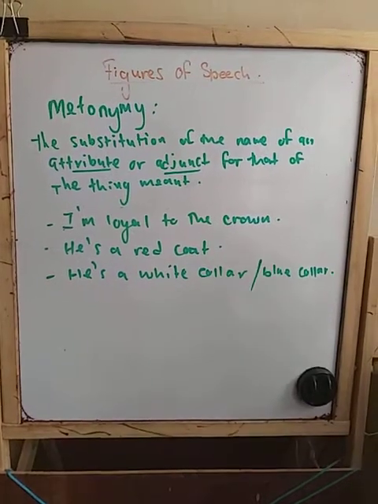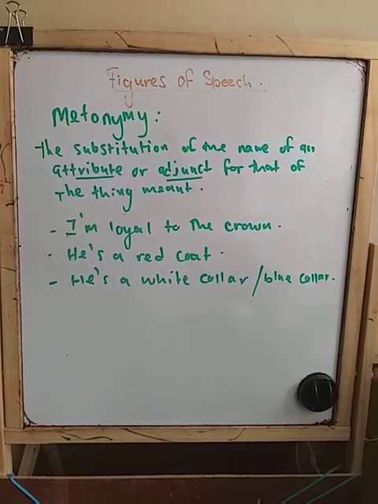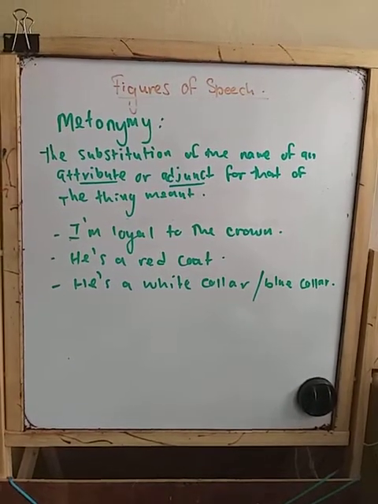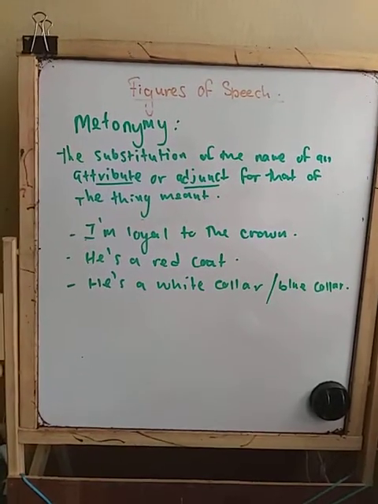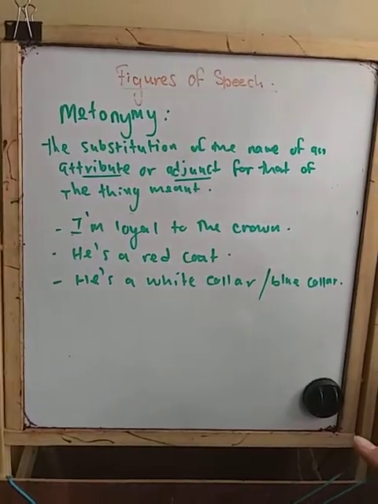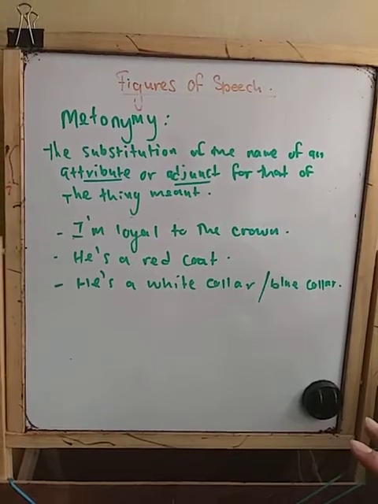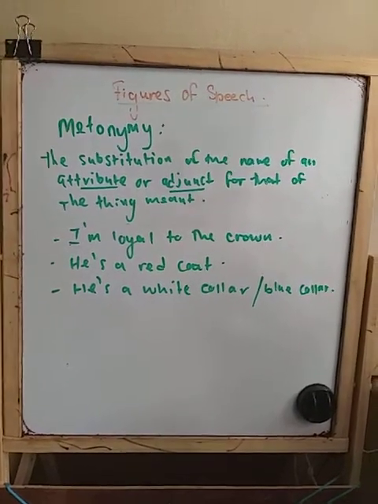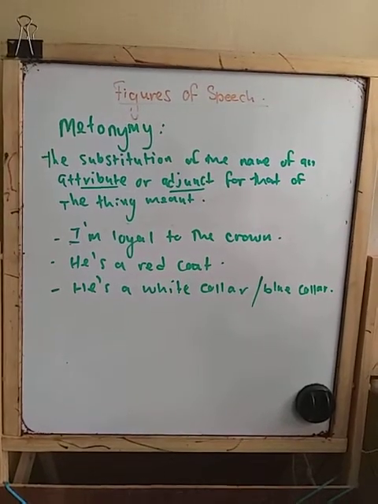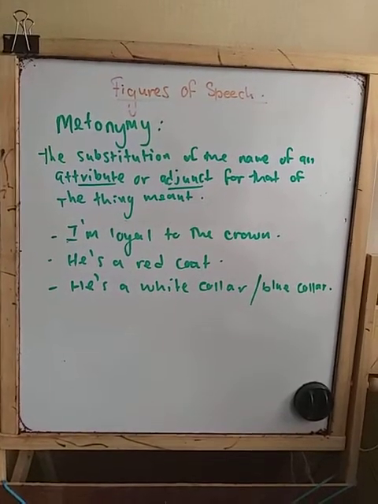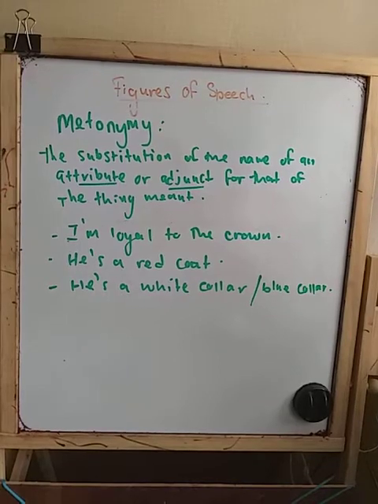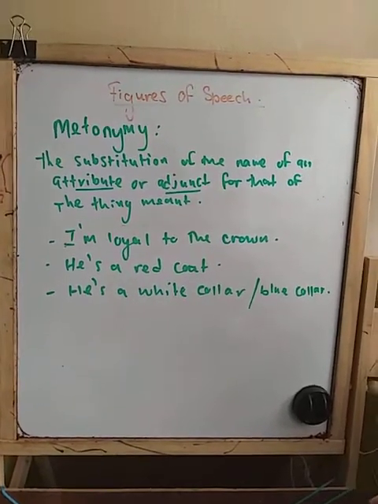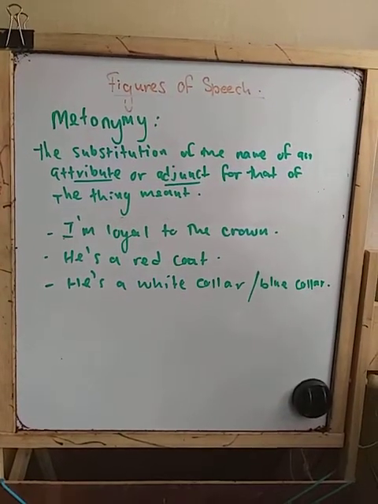And we talked briefly about simile, but simile is more direct. For example, you say he's a hero. Yeah, he's like a Hercules, or he's like a monster. So usually you make use of like or as.